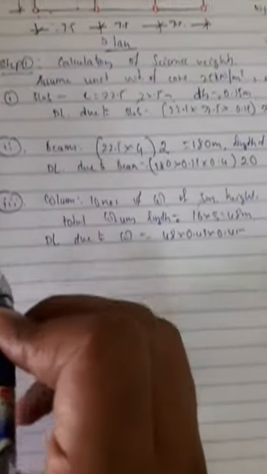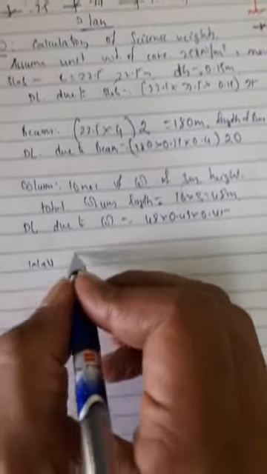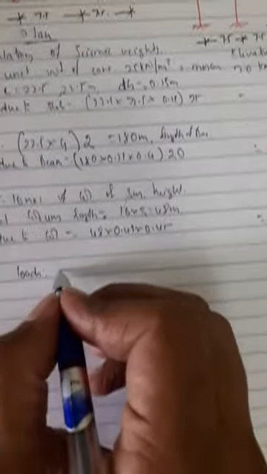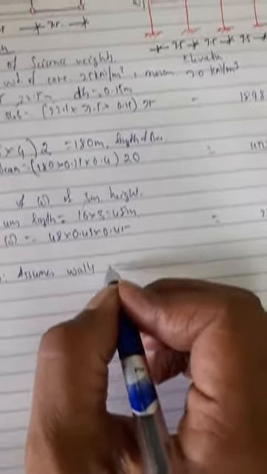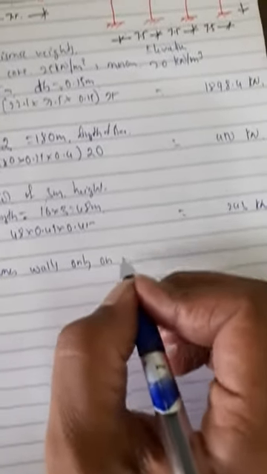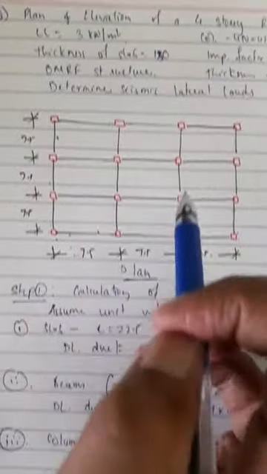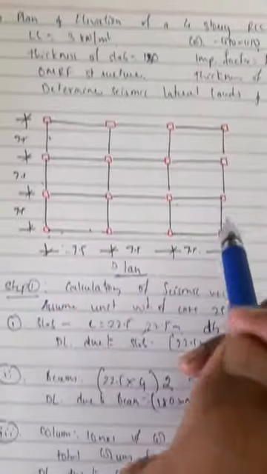Next, fourth point, due to wall loads. Here assume walls only on outer beams. So we are assuming that walls are only on the outer beams. There are no walls on these beams. So total length of wall will be 22.5, 22.5, 22.5, 22.5.